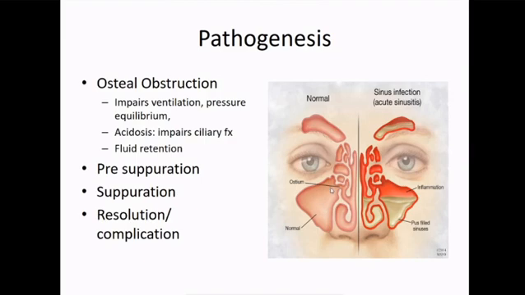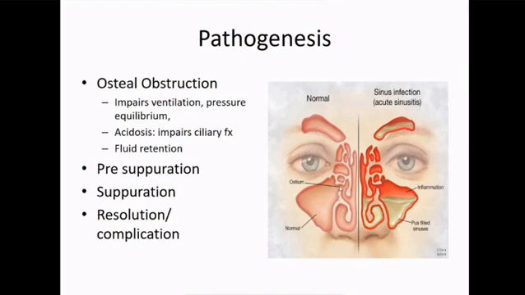If it is dry for too long, it will crack and cause a lot of problems. So it must be moist, and this moisture is provided by goblet cells. And these fluids secreted by goblet cells will eventually drain through the ostium here, by the mucociliary clearance.